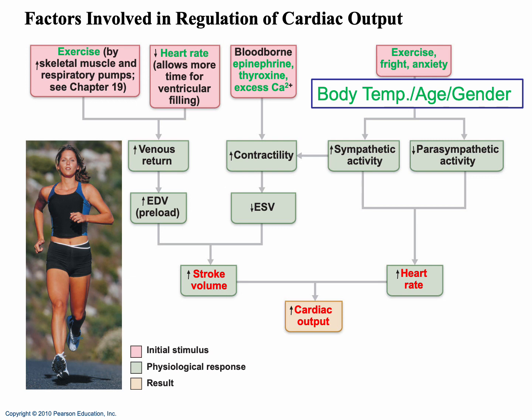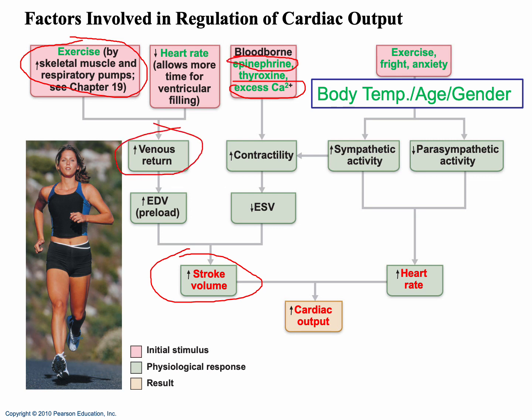This image here ultimately is looking at factors involved with regulation of cardiac output. So again, a lot of these are probably no-brainers. Cardiac output ultimately can go up because of cardio exercise, endurance-related exercise. In turn, this leads to increase in stroke volume, excess calcium ions, epinephrine, things like that.